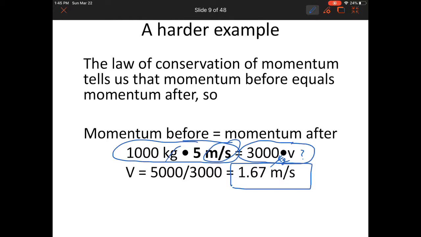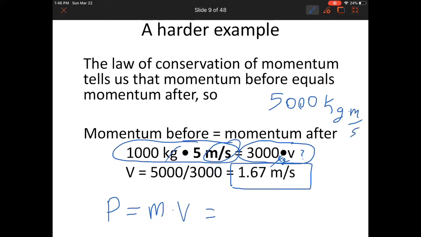How can I double check my answer to make sure I'm right? Well, we said that the momentum before and after should be unchanged. So the momentum after should be, we said on our last slide, the momentum before the collision, 5,000 kg meters per second. Let's check it out after.